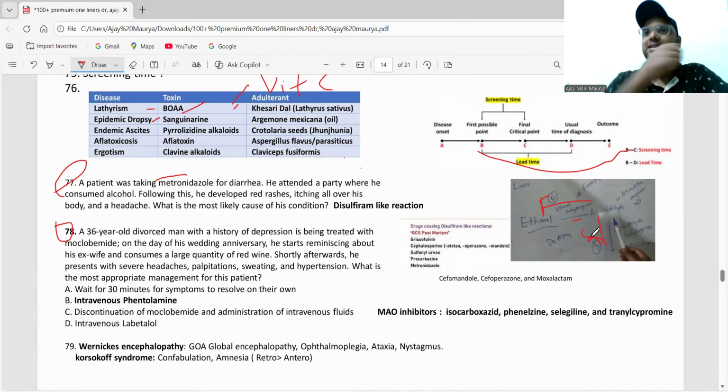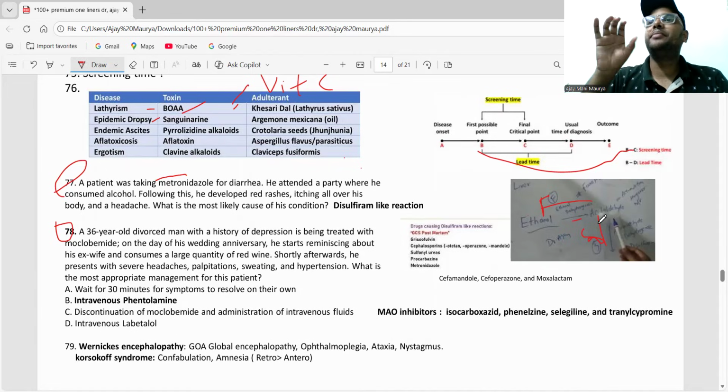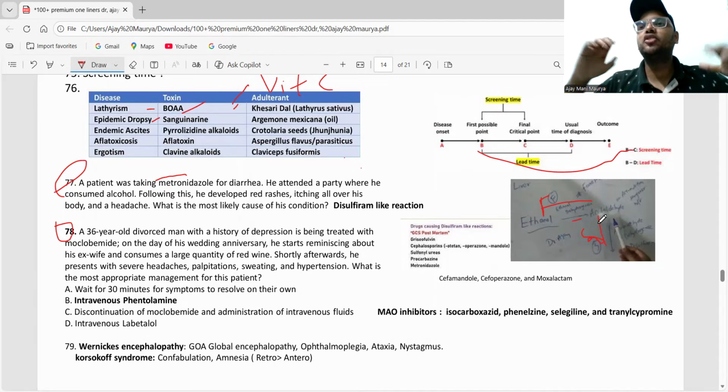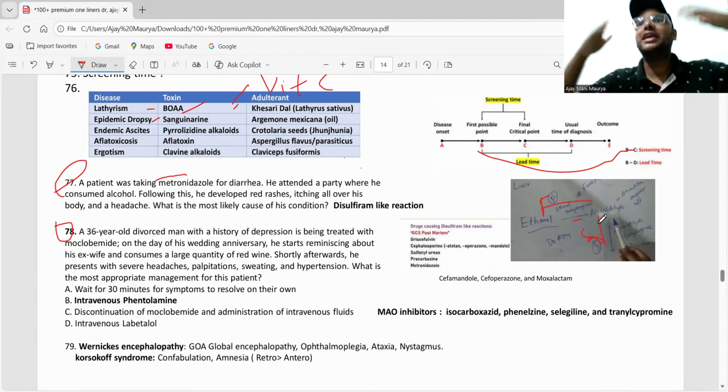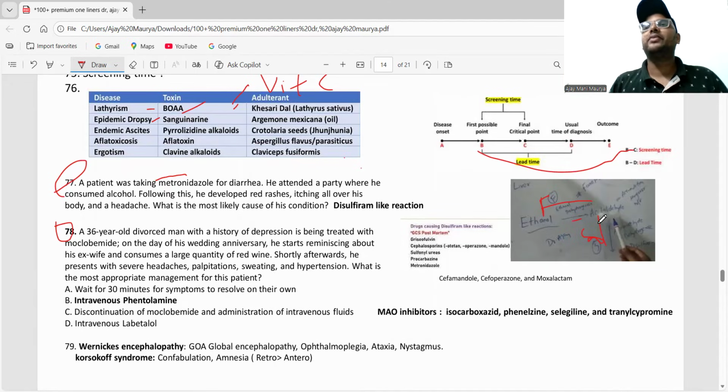That's why, whenever a guy drinks alcohol, it will immediately convert into acetaldehyde. Because this step is very slow, there is accumulation of more and more acetaldehyde.